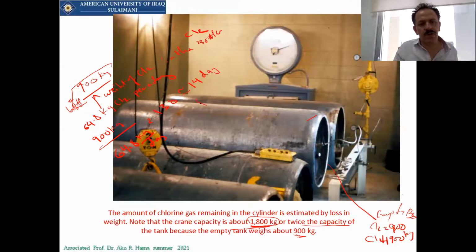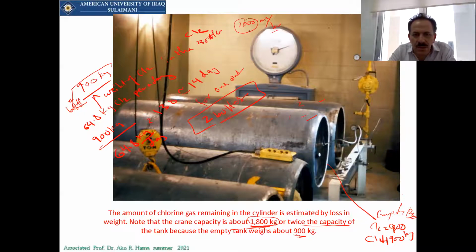So for 1 month, we have to provide 2 bottles, right? So we need at least 2 bottles for 1 month for that 1,000. If the water was 1,000 meter cube per hour, this is the Q. Now think about this Q. This is one for Slemania.